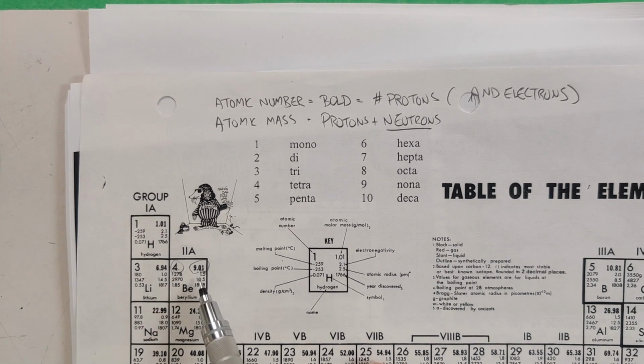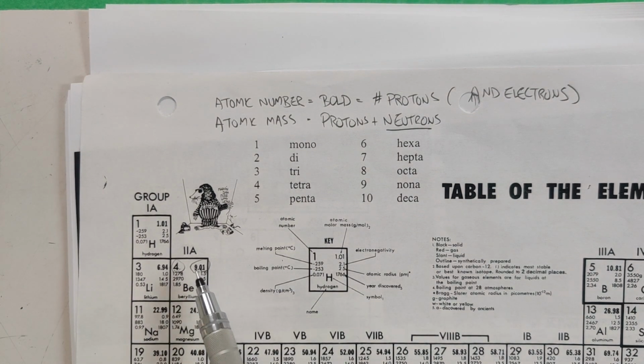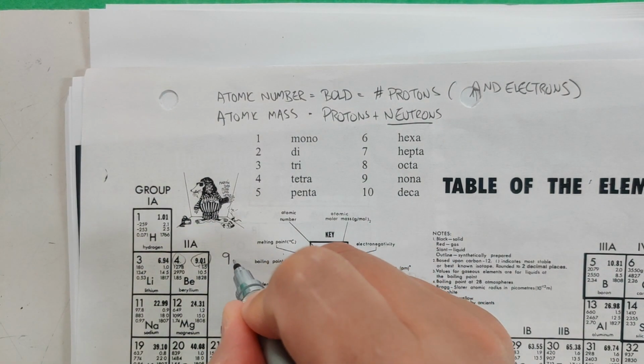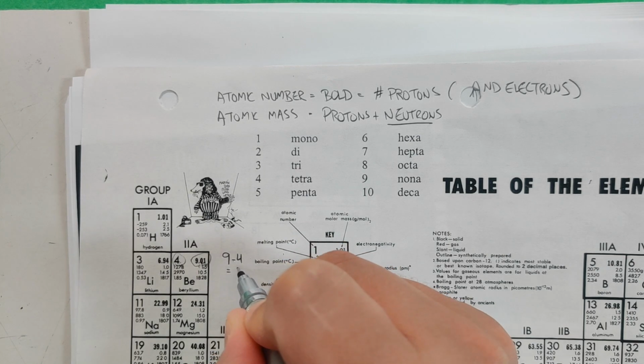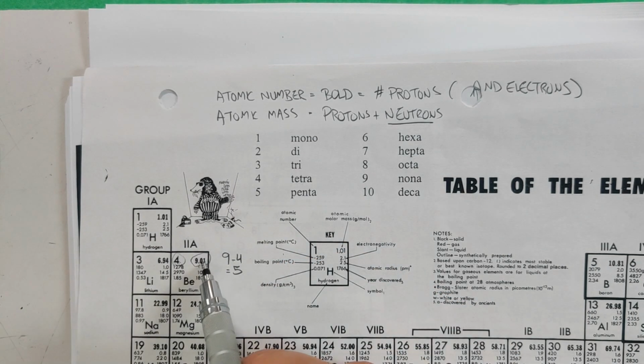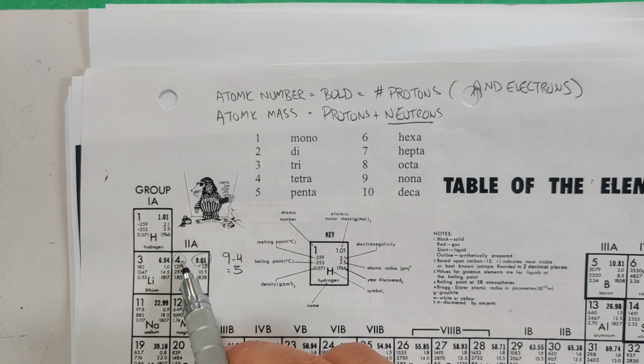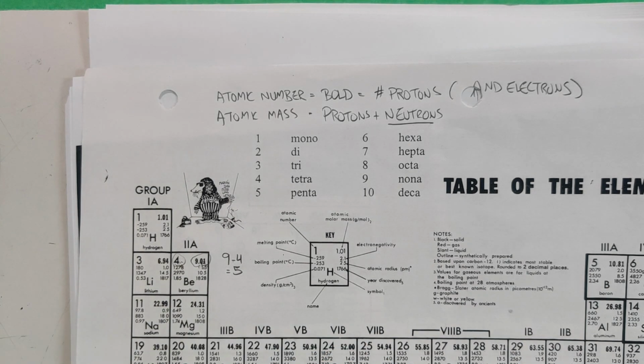If this tells me that the atomic mass is 9, and I know that there's 4 protons, how many neutrons must there be? I would take 9 minus 4 equals 5. So now taking this number and subtracting that, I have found out the number of neutrons.